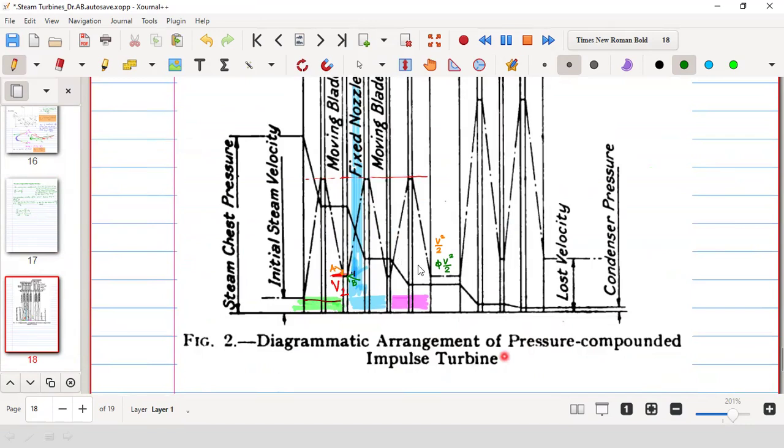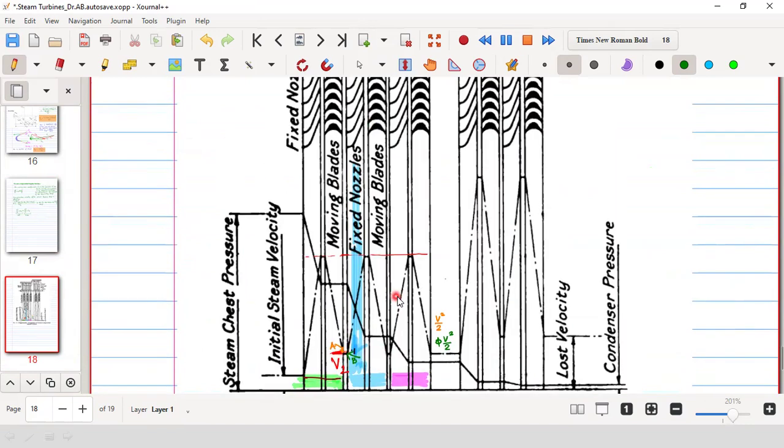So this picture I am showing is from the book by W.J. Kearton. That is a nice book on steam turbine. This diagram I have taken from W.J. Kearton.